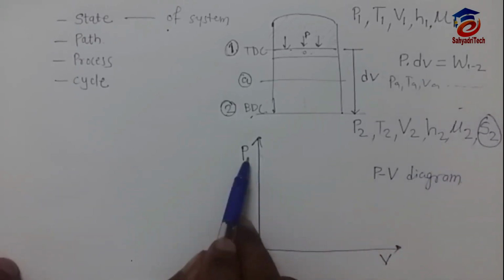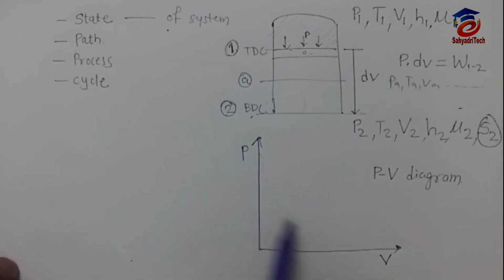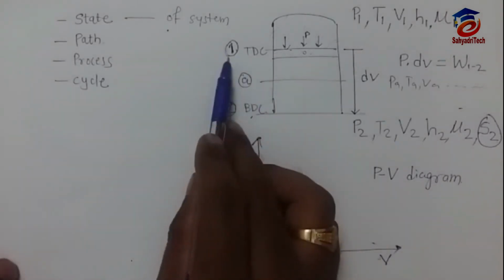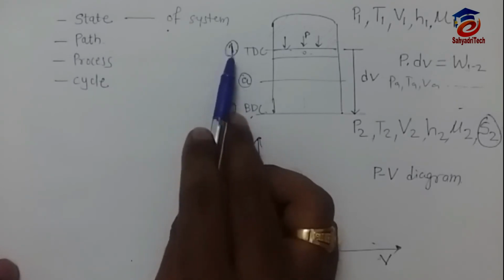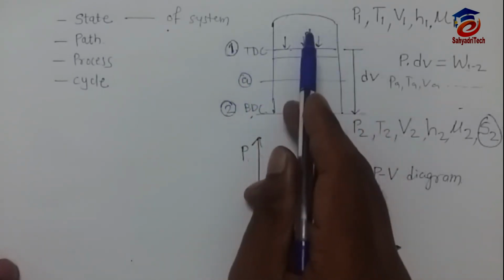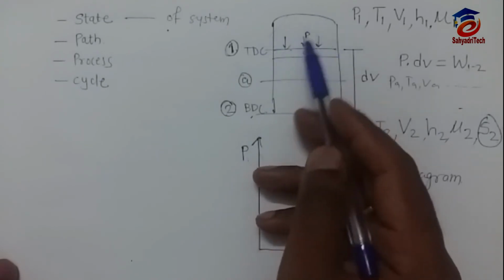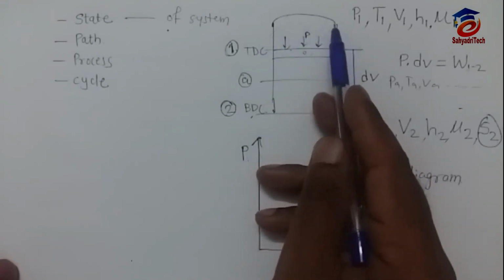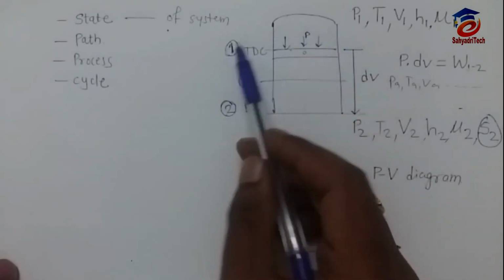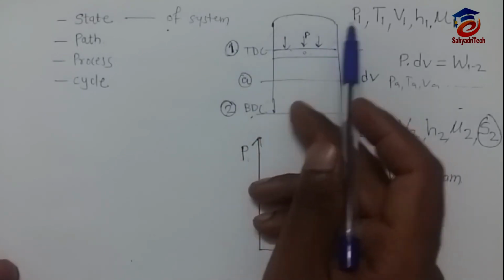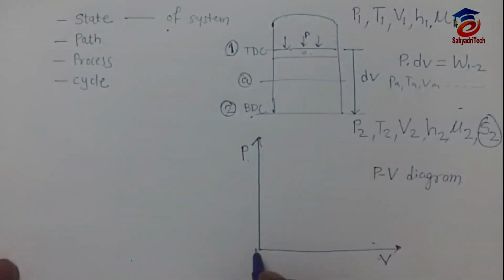Here I am going to plot pressure versus volume, P on the y-axis, V on the x-axis. Now see, I am going to mark position 1. We are using any gas here, suppose methane gas. At position 1, how much is the pressure of the system? P1.